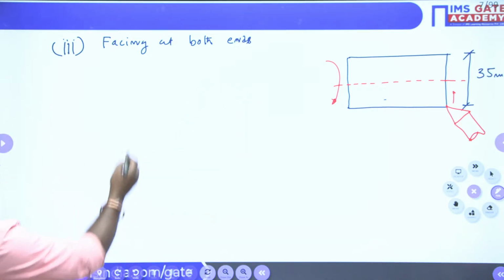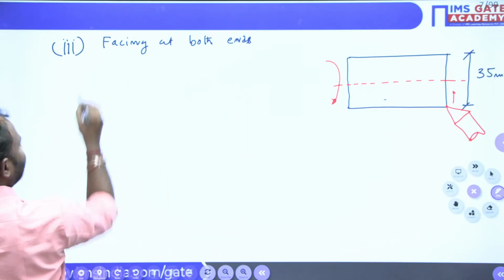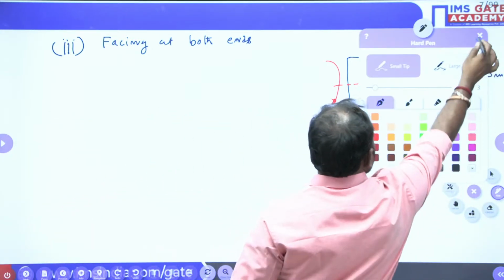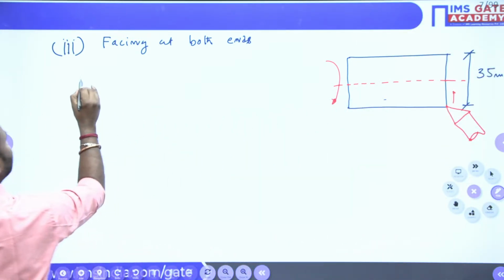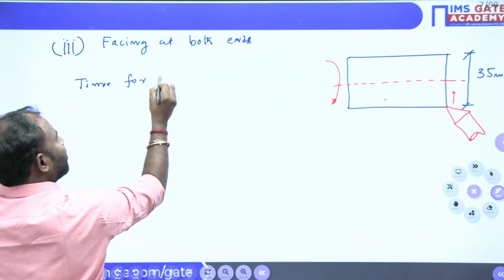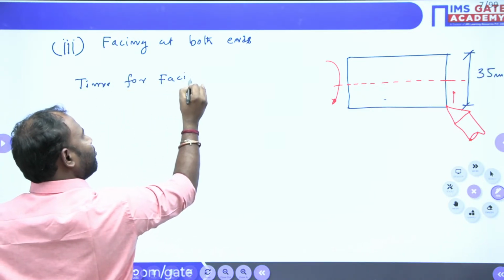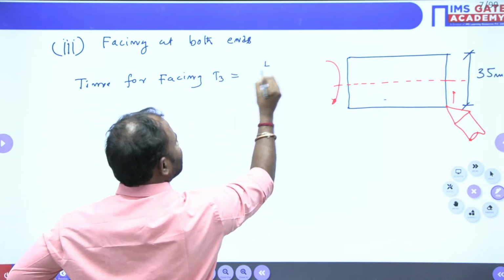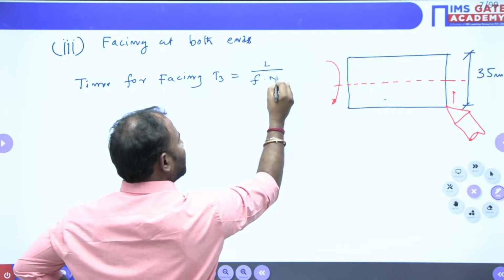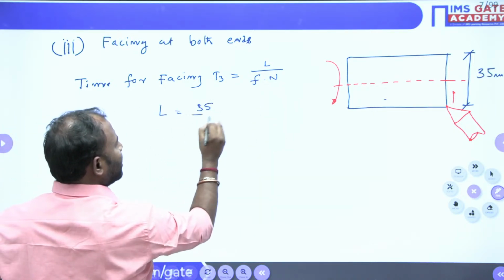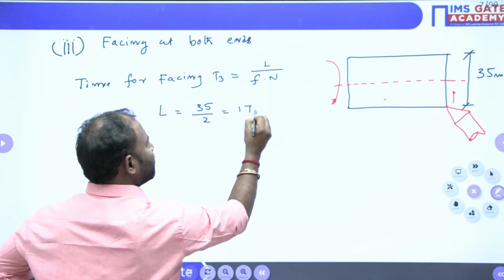Now facing at both ends. Time for facing, that is T3 we say, and that is again L by F dot N only. Now where L is equal to 35 by 2, that is 17.5.